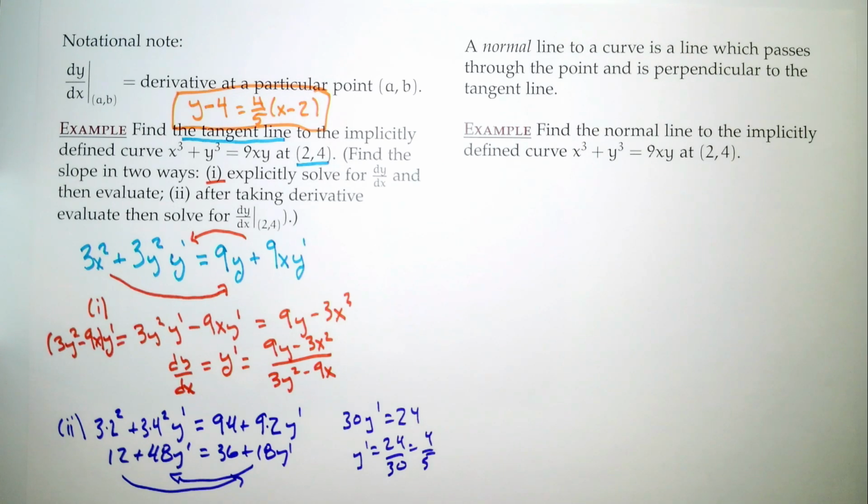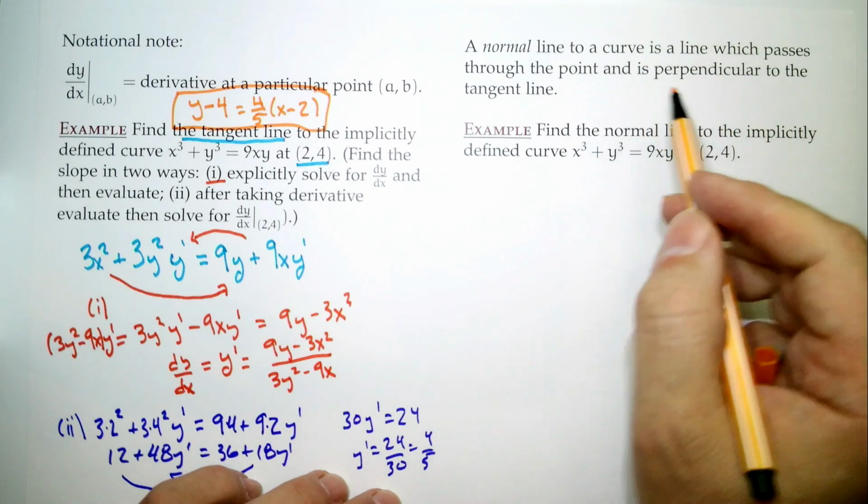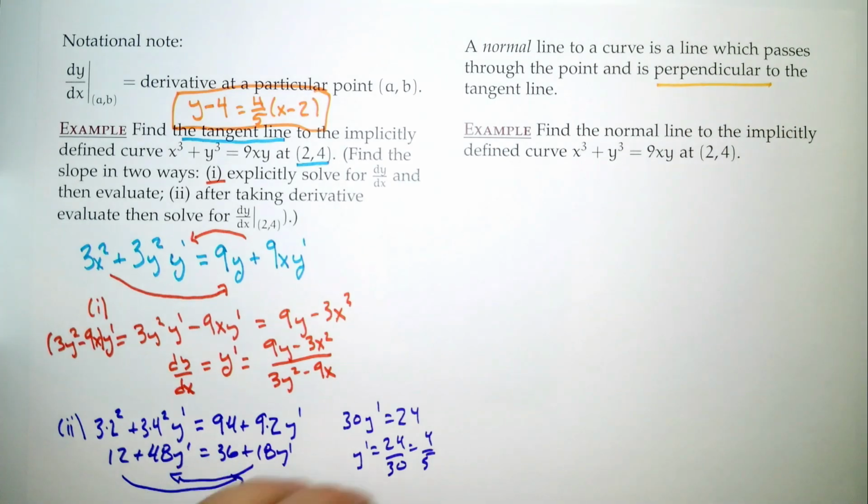We can do a lot of work, or we can do a little bit of work. I like to do a little bit of work. I'm definitely pro, let's make life easy. All right, so how do I know if two lines are perpendicular? What's true about their slopes? They're negative reciprocals, right?